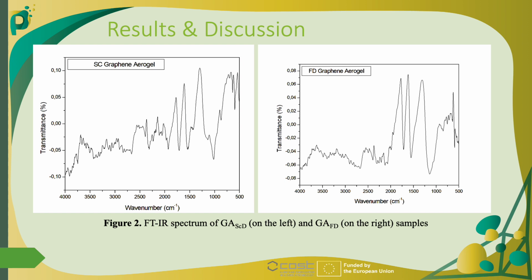Graphene oxide usually exhibits a broad band at about 3,300 centimeter minus 1, which comes from the oxygen-hydrogen stretching vibration in the carbon hydroxyl groups. After all drying steps, the resulting 3D graphene aerogels have almost no bands in this section.